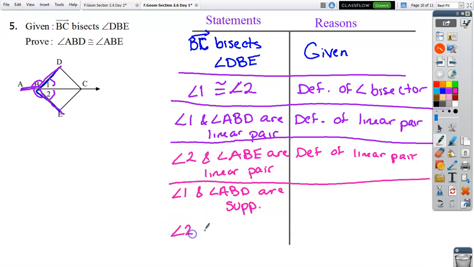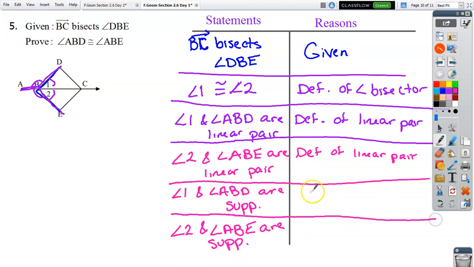And then angle 2 and angle ABE are supplementary. And that is if two angles are a linear pair, then supplementary. Same with this one.